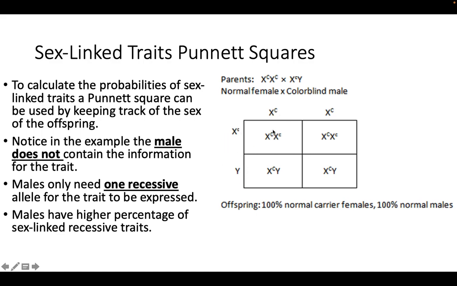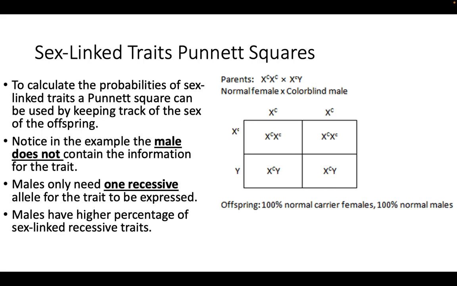We would end up with a big little for the first female and a big little for the second female. We would end up with a big for the first male and a big for the second male. So in this case, every single one of the offspring would be normal, even though the dad's colorblind.